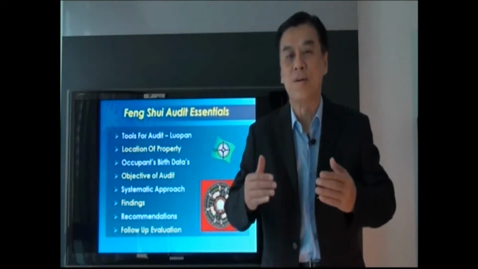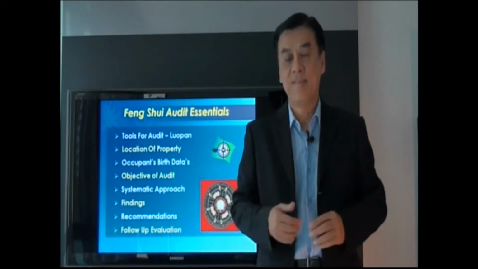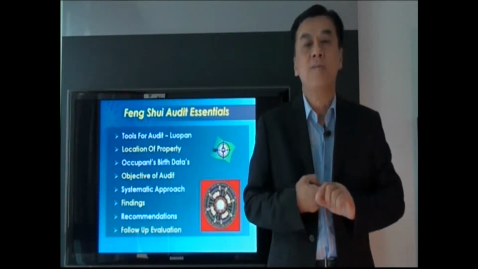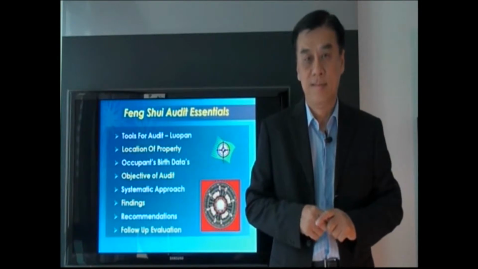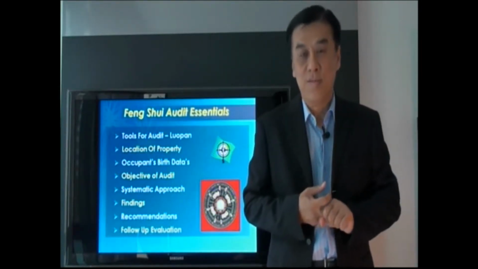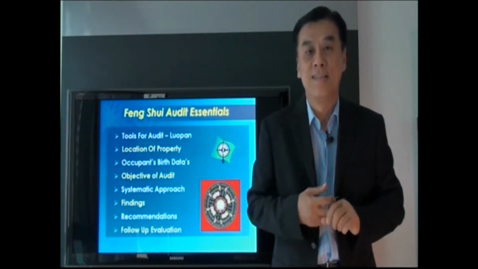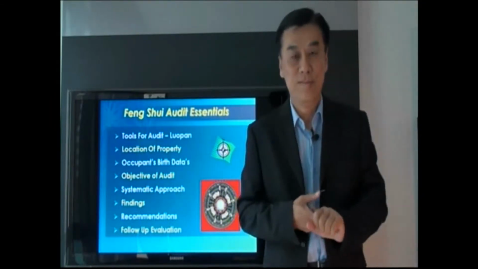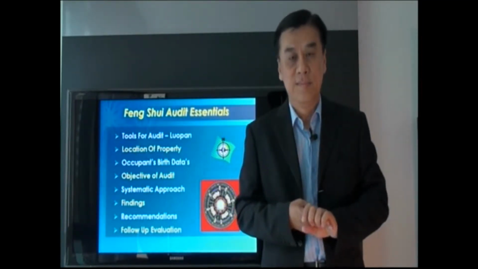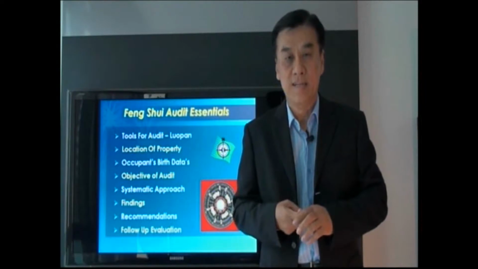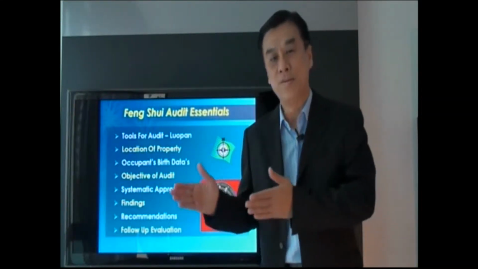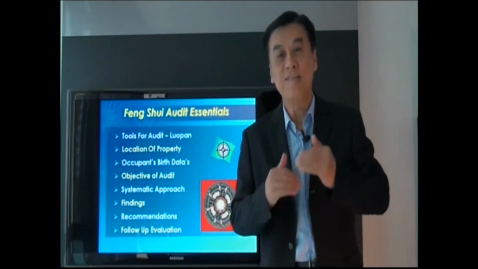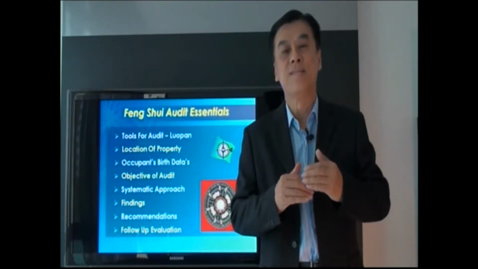Your audit should consist of the following steps. First, you must evaluate the external environment. Next, you must also identify the facing of the house. Third, you must evaluate the interior layout of each individual room, each individual level if it is a multi-story.